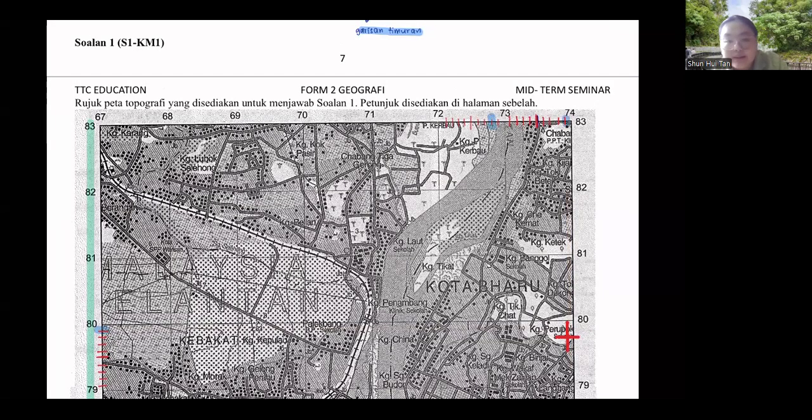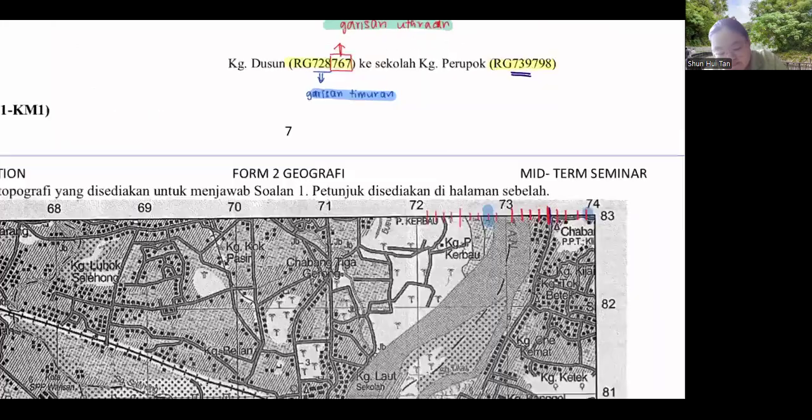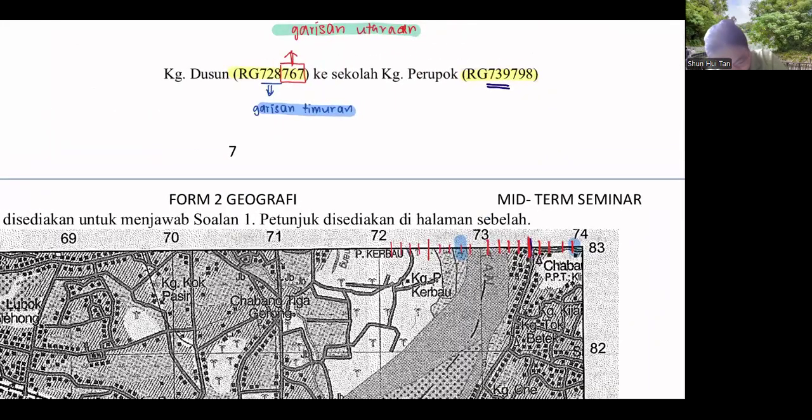In case you cannot remember what bearing sudutan is at all. Now, bearing sudutan is the thing that informs, which asks you to measure the degree, darjah, means to determine the direction.